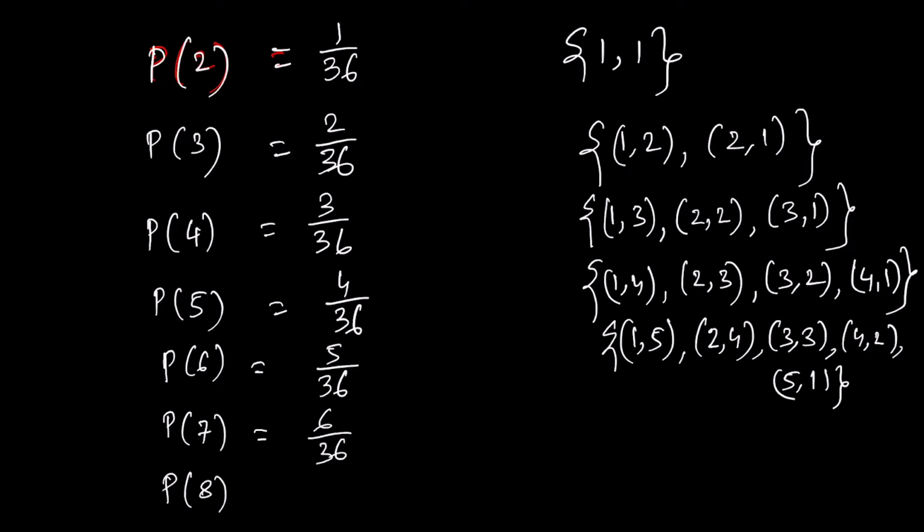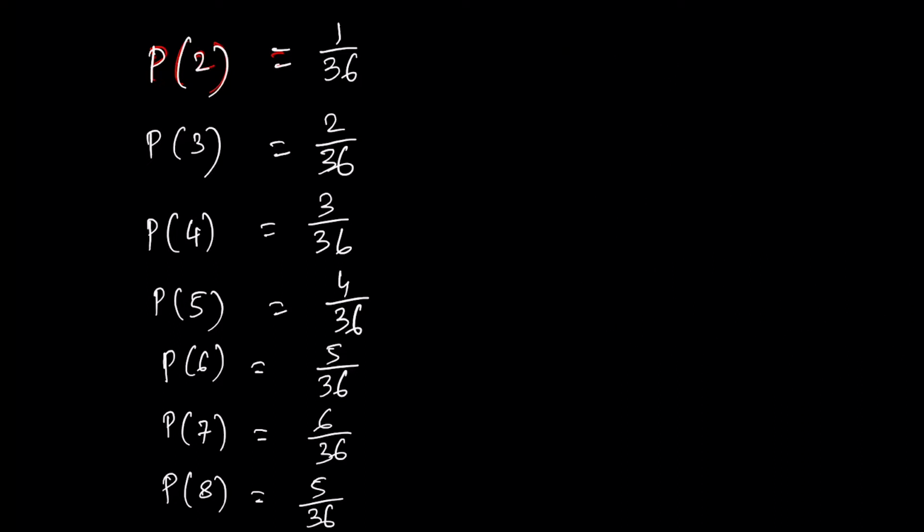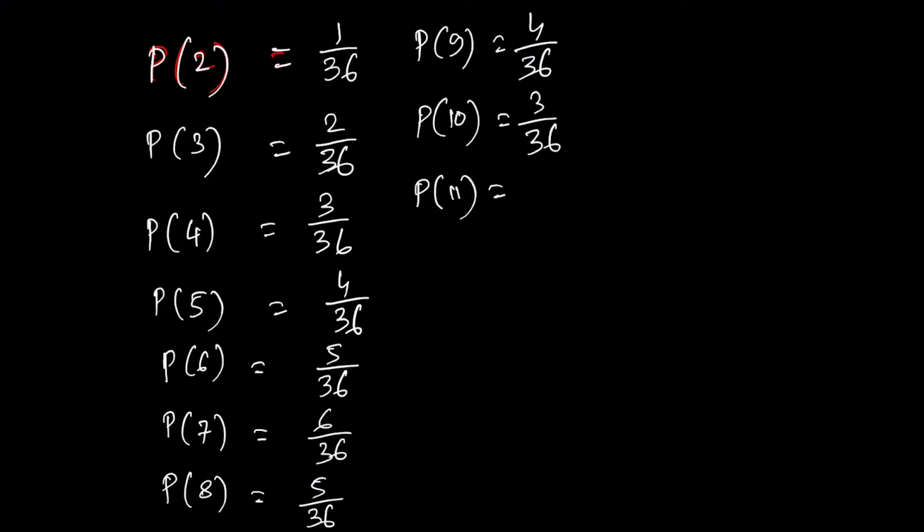I will not do that, you can do that again. This is 5 possibilities. I will just remove this side, and 9 will be 4, 10 will be 3, 11 will be 2, and 12 will be again only one way.